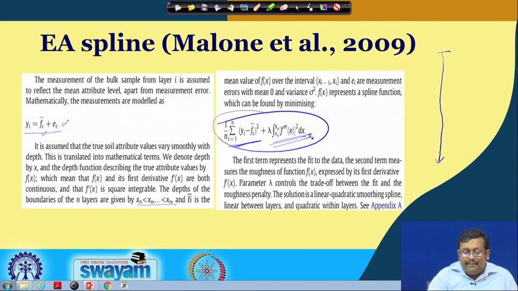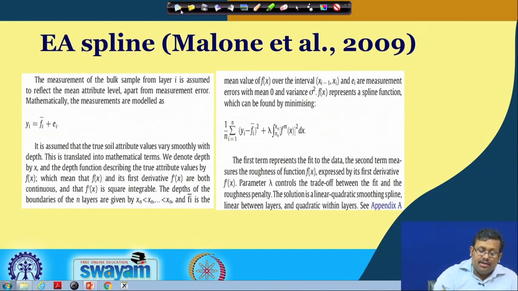The parameter lambda is called the tuning parameter. It is a trade off between fit and the roughness penalty, and the solution is a linear quadratic smoothing spline. So, this is the mathematical function of this linear quadratic smoothing spline, and let us see how it will work.